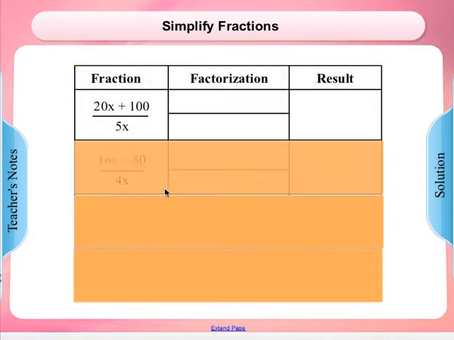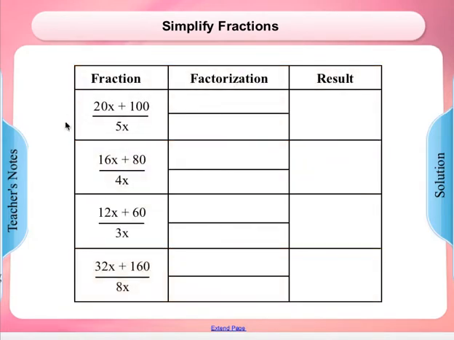Okay, now there's another part of this, and that is simplifying fractions. So if we had something like these, where we say, okay, 20x plus 100 over 5x, we could factor both the numerator and the denominator.